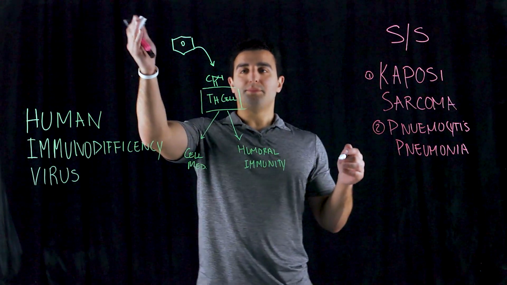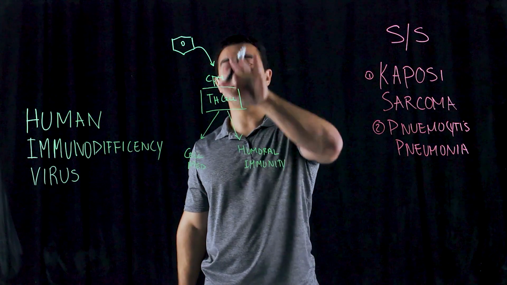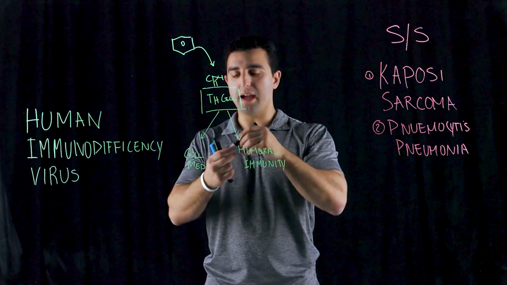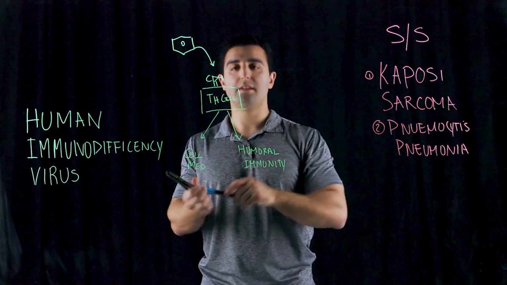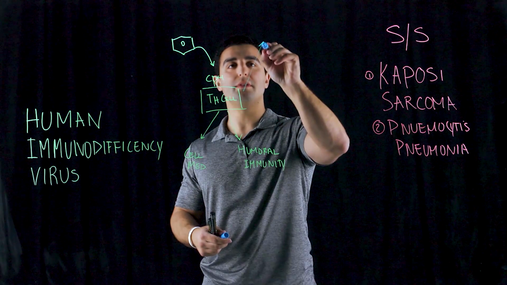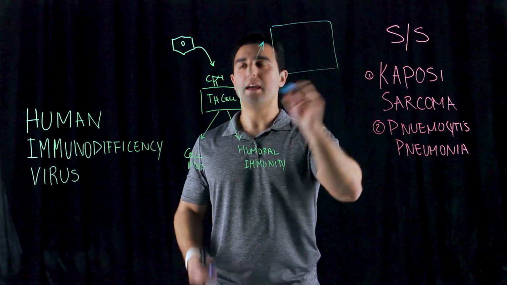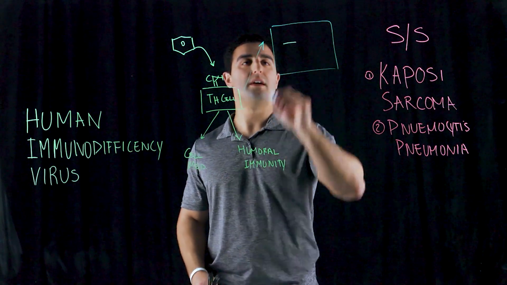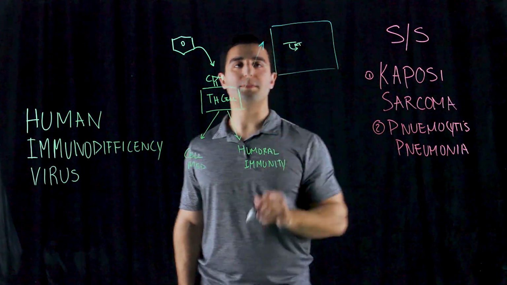HIV comes in and binds to this CD4 receptor. If we were to magnify inside the entire cell now, the virus comes in with its RNA, and it uses a specific enzyme called reverse transcriptase.